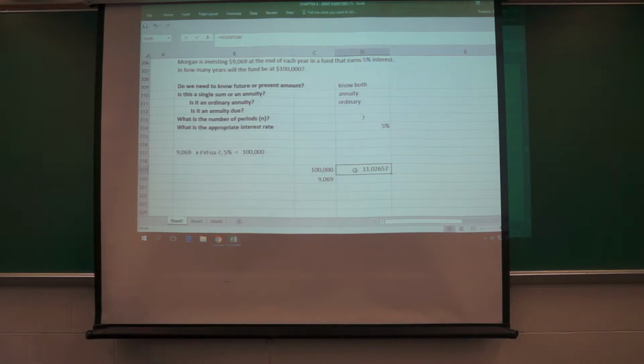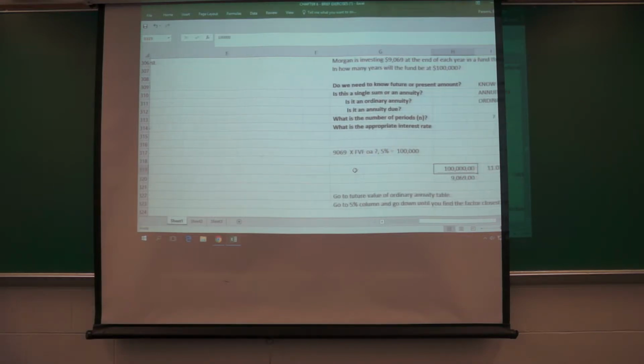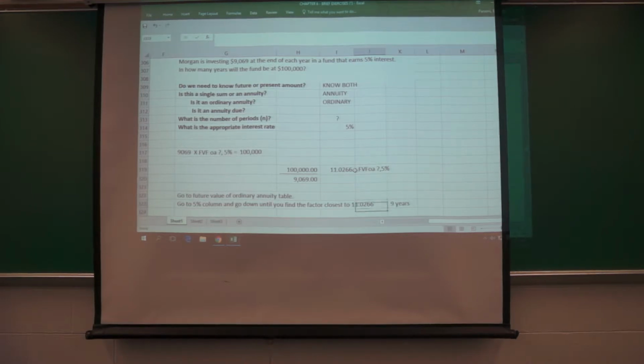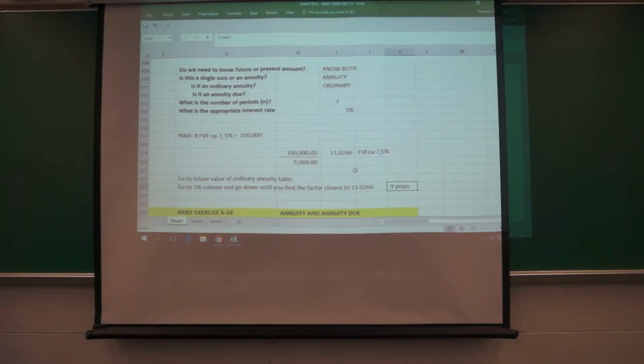We know the interest rate, so we'll go over to 5%, and then we'll go down until we see that factor, 11.02, whatever's the closest to it, and we'll find that it comes out to 9 years. So that's one way to set up the problem. As I say, if it makes more sense to you to set it up as a present value, you can do that as well. Okay, so that's 6-9.